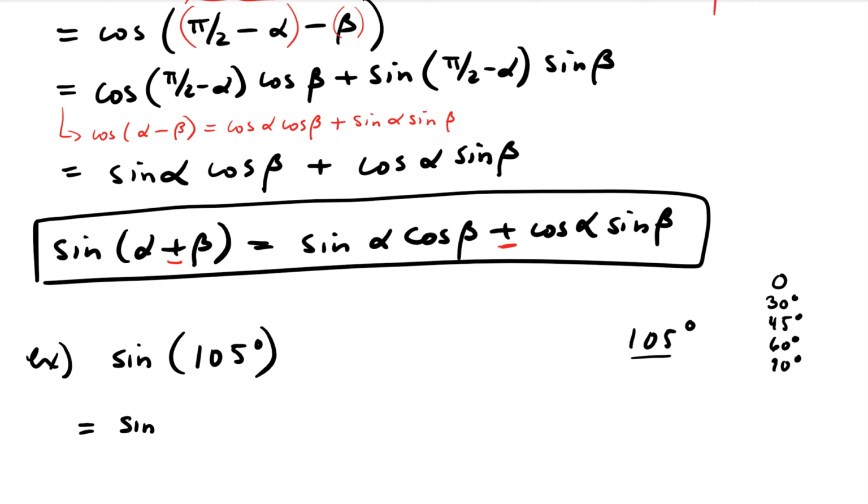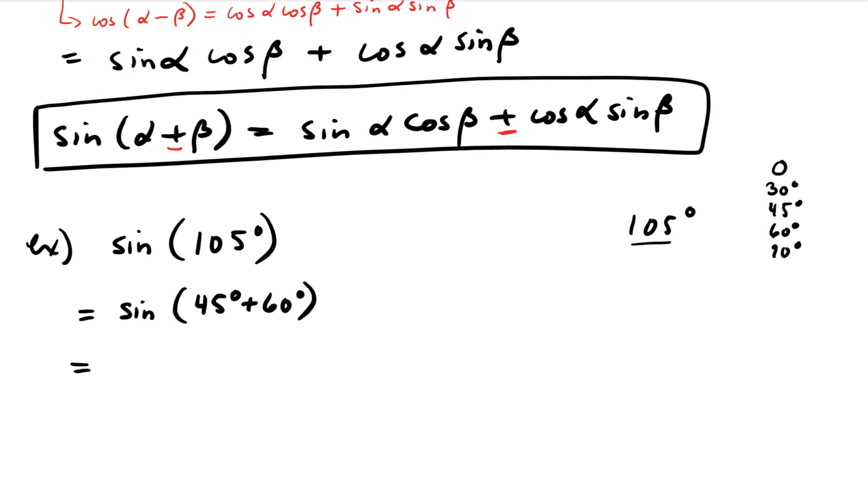So 105, you can actually come up with that by adding 45 with 60. So we're going to use the sine of a sum of 2 angles. This is going to be sine 45 cos 60 plus cos 45 sine 60.